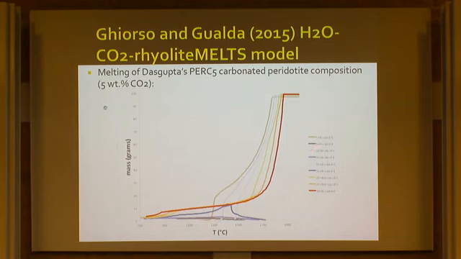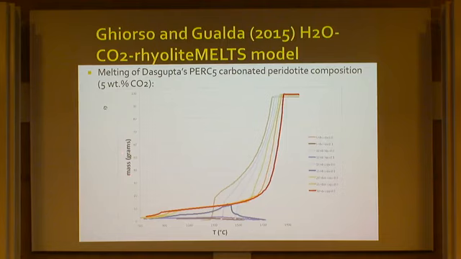So the fluid model is good up to 10 GPa, but the liquid model for rhyolite-MELTS, remember, is only good up to about 2 GPa. So this is temperature. This is the mass of melt out of 100 grams.